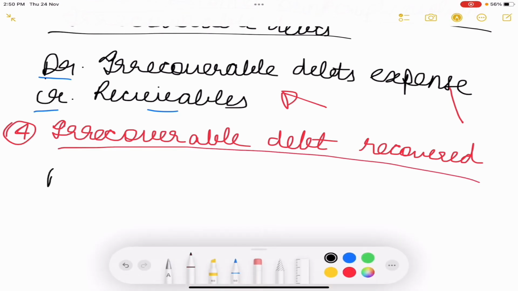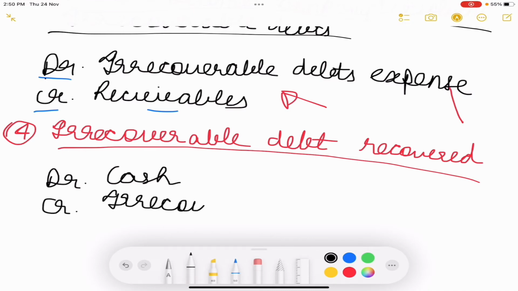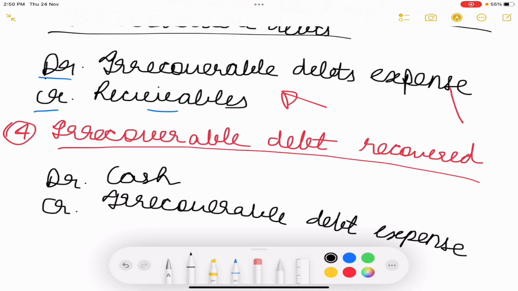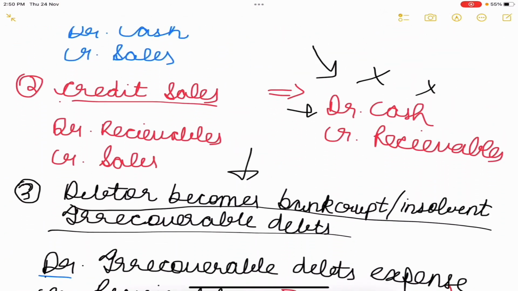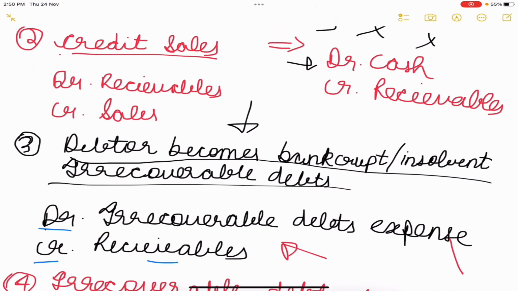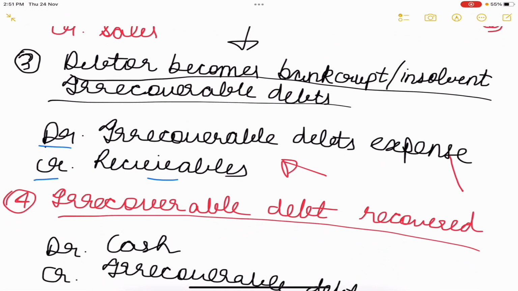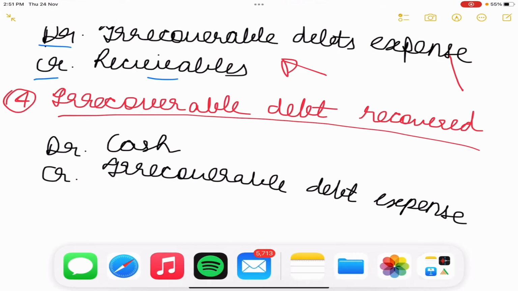So what will you do? Cash came in, and we are going to open again the account, which is irrecoverable debt expense. What is irrecoverable debt expense? It is nothing but bad debts. These are the entries. This is the only thing in the entries chapter. There are two or three more journal entries for the allowances, but just keep in mind these are the most important ones, and I hope you got it.